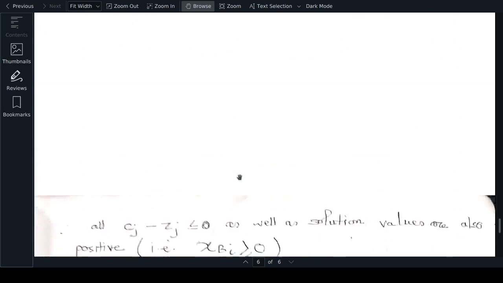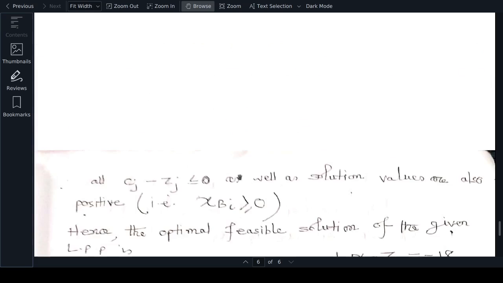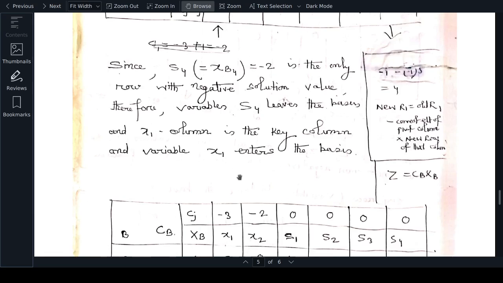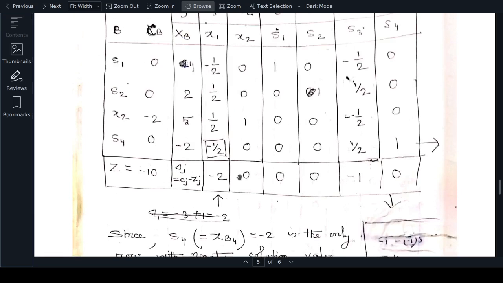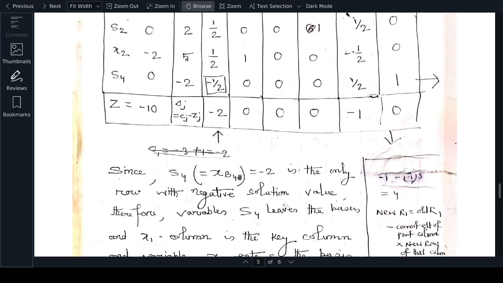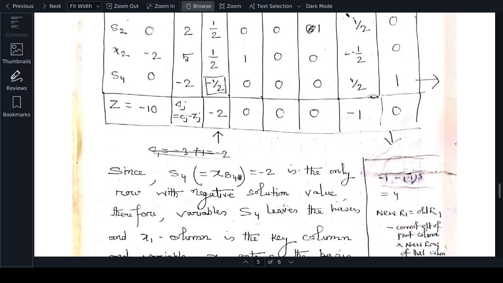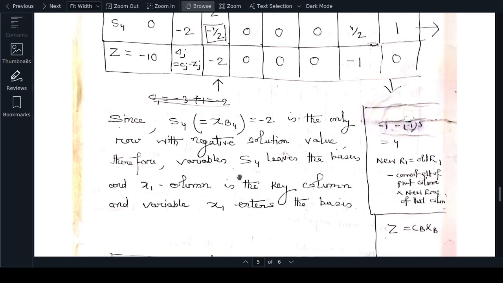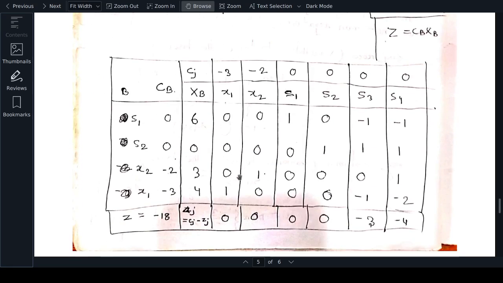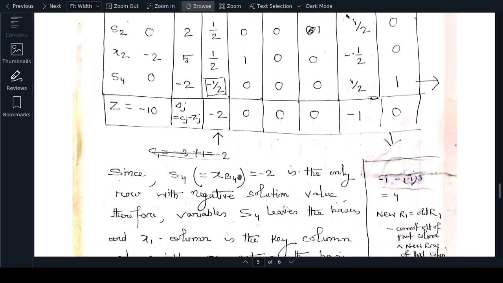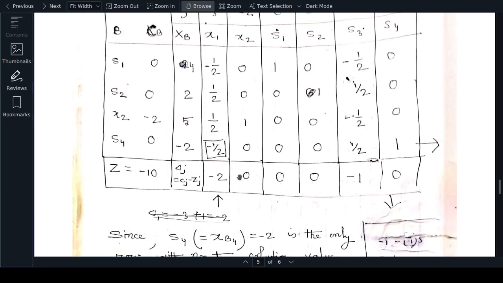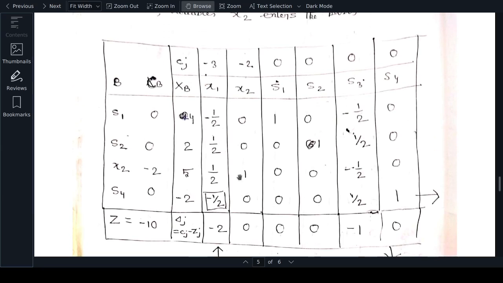Not delta J, it is optimal there, but look at the XB column. Sir, it is optimal but not feasible. So this does not give us an optimal solution.